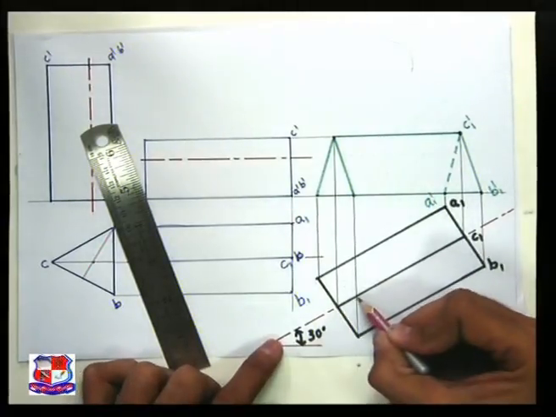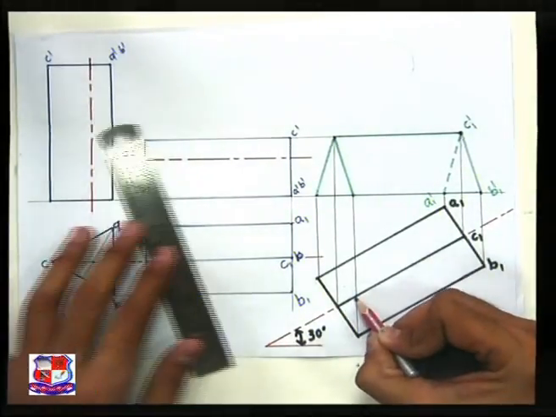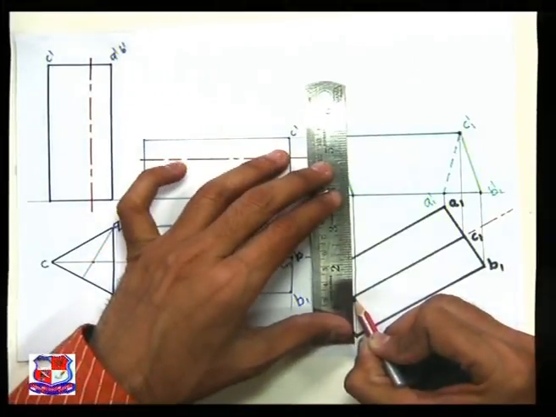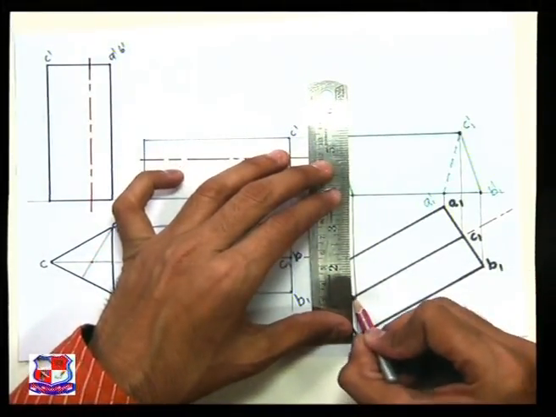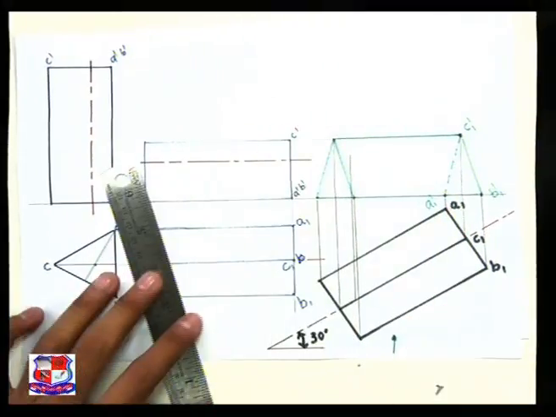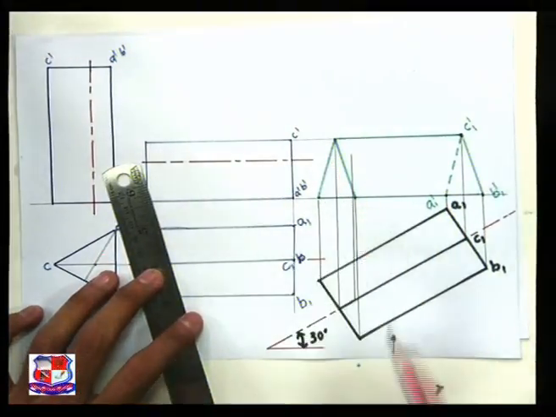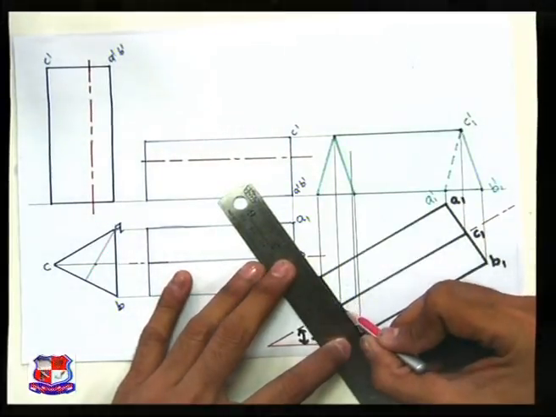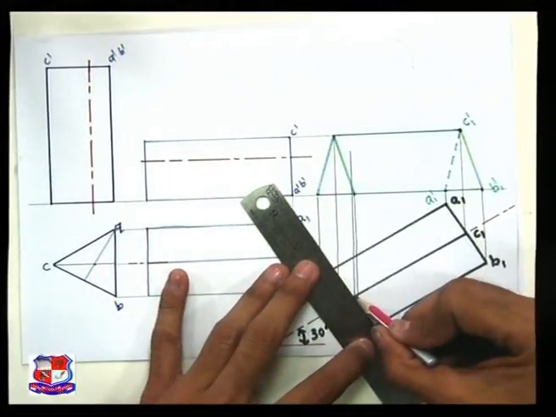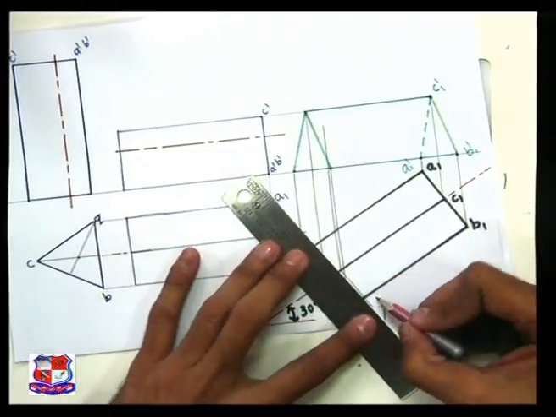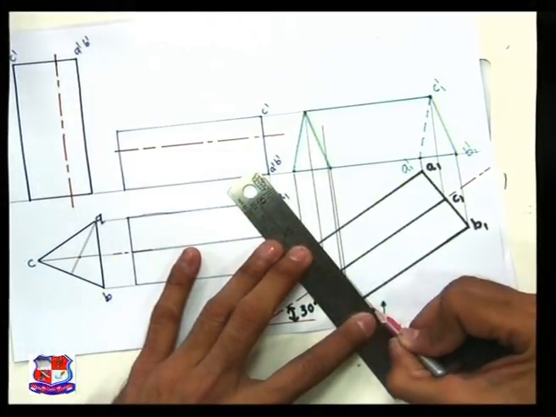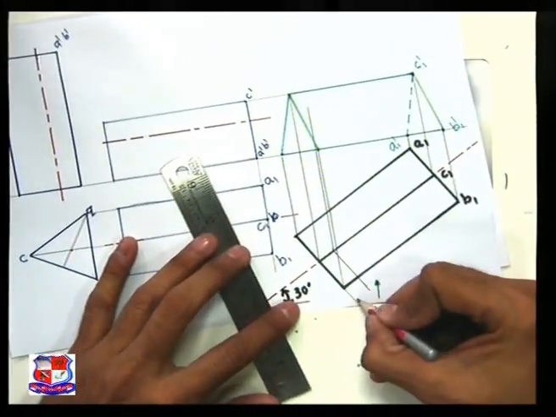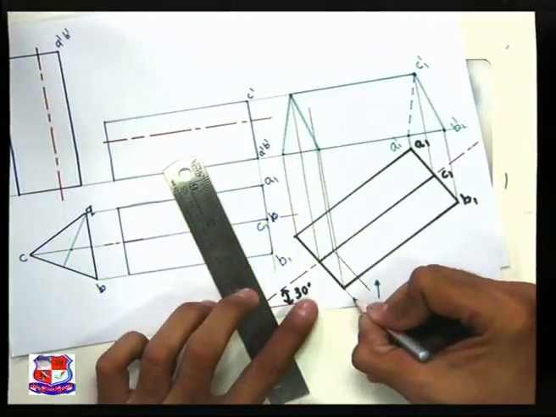So on the axis at a distance of 10 mm mark a point, and from that point draw a vertical line like this, right? You should not directly take the 10 mm distance from here. You measure the distance of 10 mm from the top view like this. Let me insert the dimension over here for clarity, because it's a top view, and the top view is here, the true length is there. So this distance should be 10 mm.